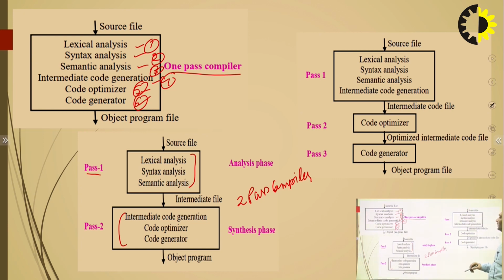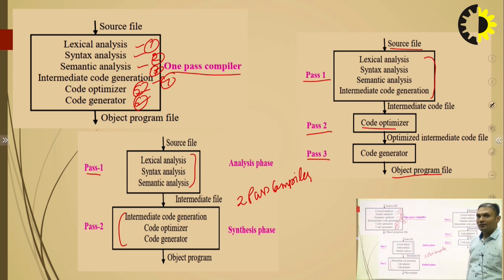And further we can divide into multi-passes, like the first 4 phases as pass 1, the 5th phase as pass 2, and the 6th phase as pass 3, and then these passes are connected together to convert the source file into the object file.